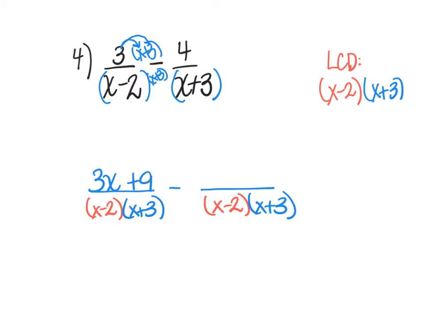And then in the second fraction, it's missing the x minus 2. I have to multiply numerator and denominator by x minus 2. Now be careful here because what I'm distributing is that negative 4. So make sure you grab that sign.